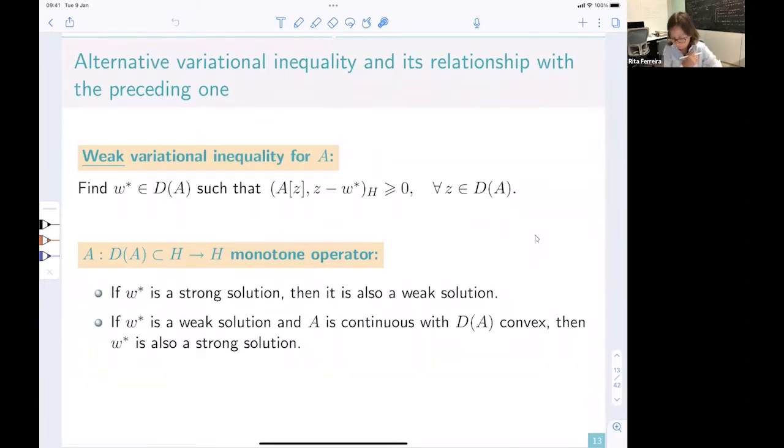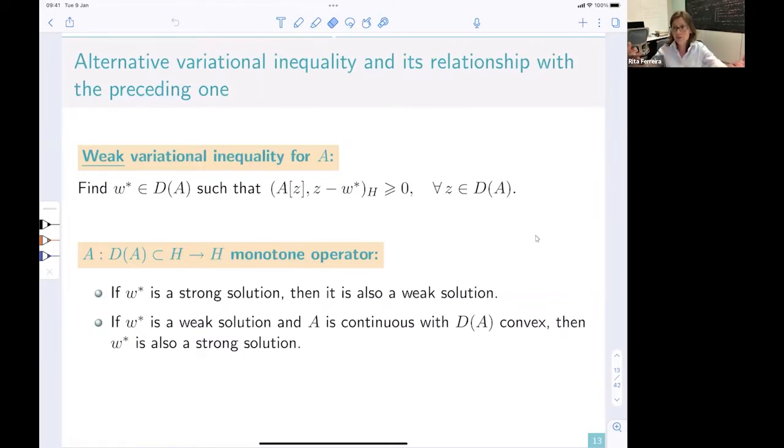Now, the relationship between the two of them matters, because of course we want to be able, at least in some cases, to go back and forth. One thing that can be easily seen is that if it is a strong solution, then it's also a weak solution. So satisfying the strong variational inequality, it also satisfies the weak variational inequality. And of course, if you have more assumptions on your operator A, then you can say stronger things about weak solutions.